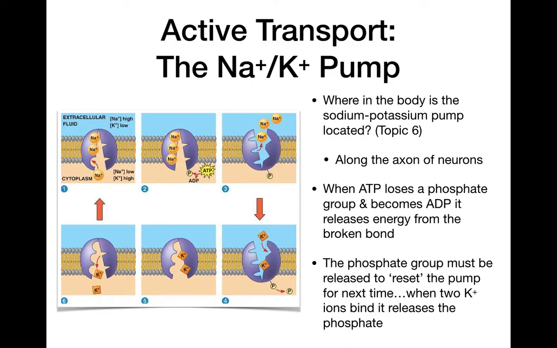But the cell is smart, and it's only going to take 1 ATP to move 5 ions, which is pretty impressive. Okay? So we're going to first move 3 sodiums out, get our phosphate, and that phosphate comes off to move 2 potassiums in. Okay? And reset the whole thing to go again. So 3 sodiums out, 2 potassiums in every single time.